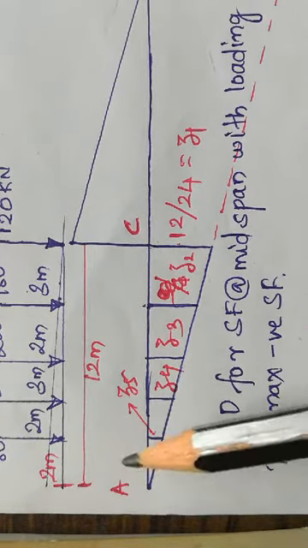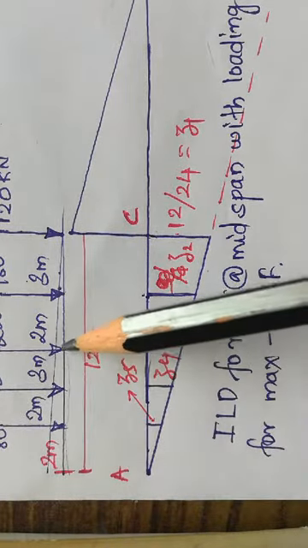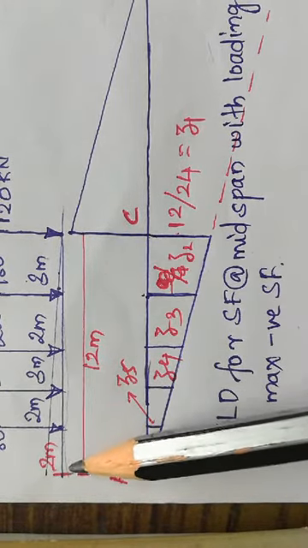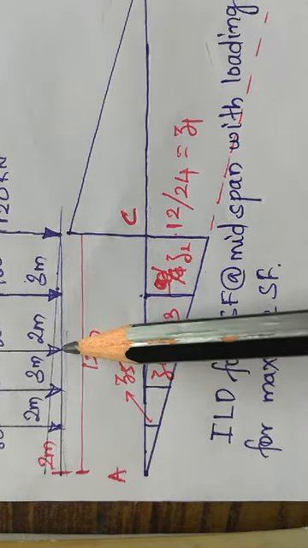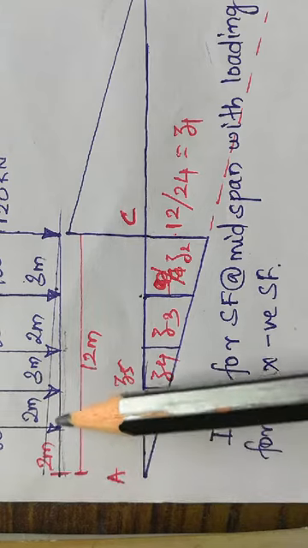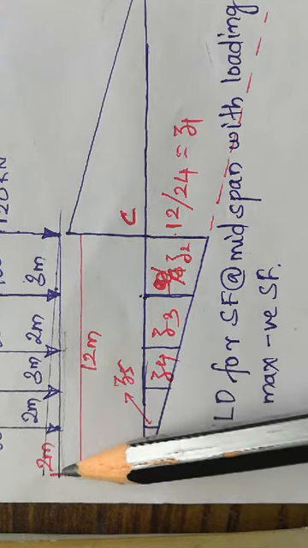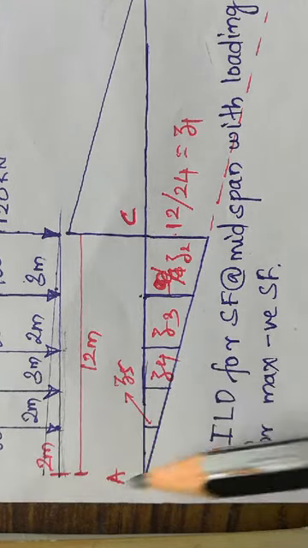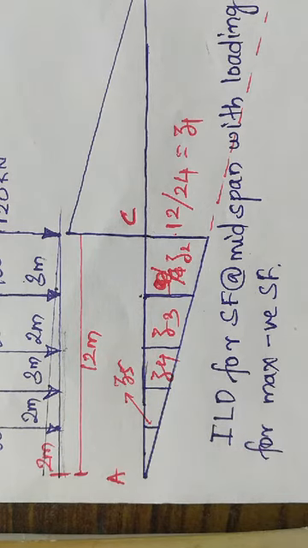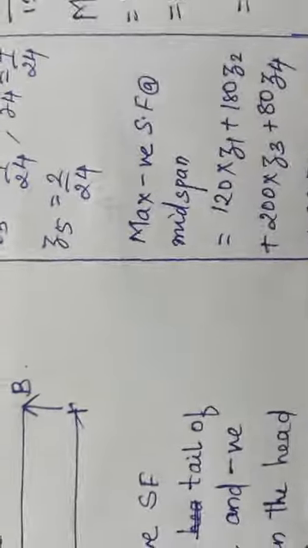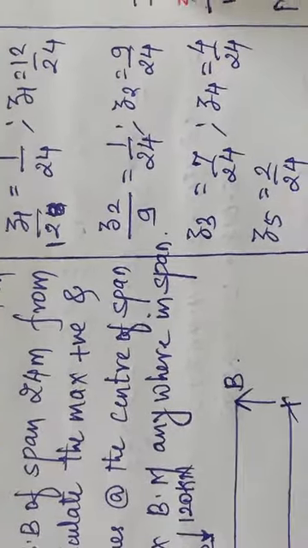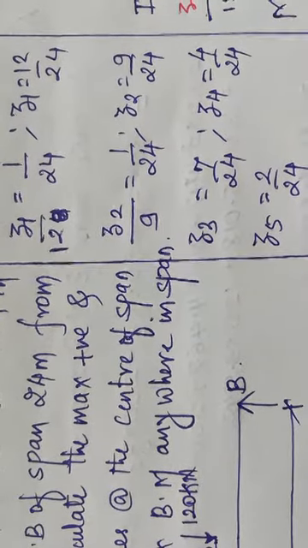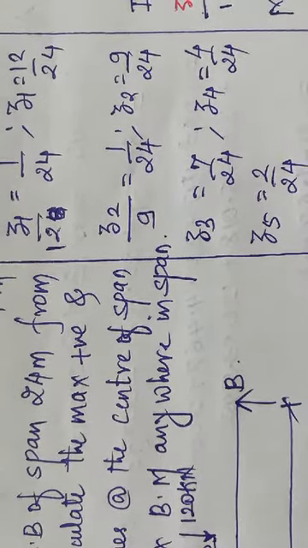Z2 will be 9 divided by 24, Z3 will be 7 divided by 24, Z4 will be 4 divided by 24 and Z5 will be 5 divided by 24. So let us calculate the values of Z1, Z2, Z3, Z4 and Z5.